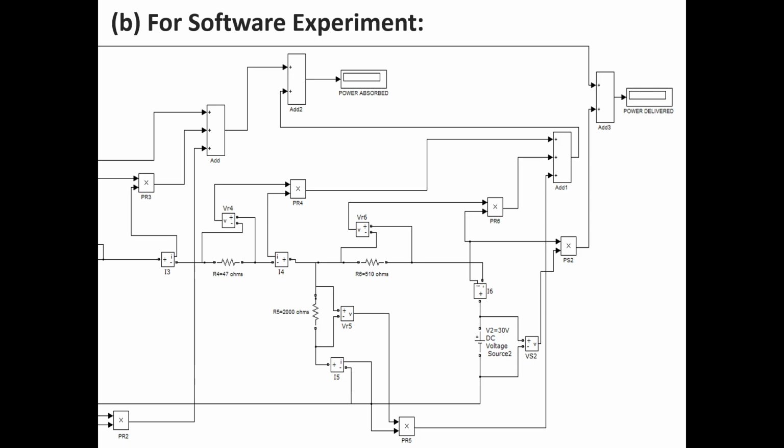This is the right side portion. I have expanded it so that it is clearer for you to copy down in your observation. You can pause the video and just draw the circuit.